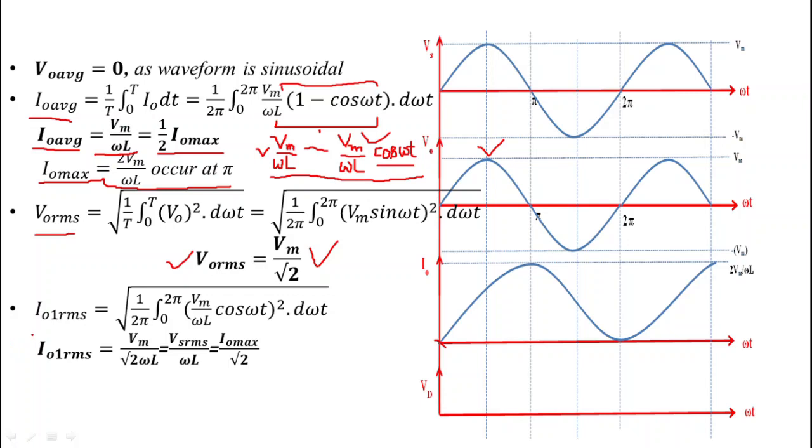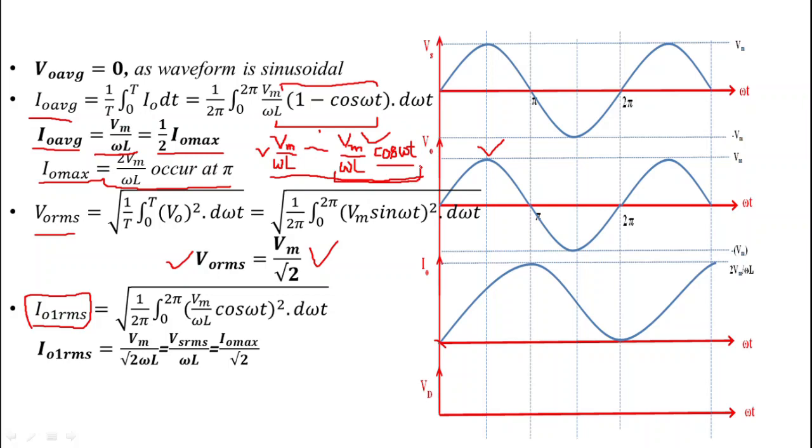Now we have to calculate the RMS value of the fundamental component. I told you that this current equation can be bifurcated into this DC component and this fundamental component. This Vm by omega L cos omega t is the fundamental component.